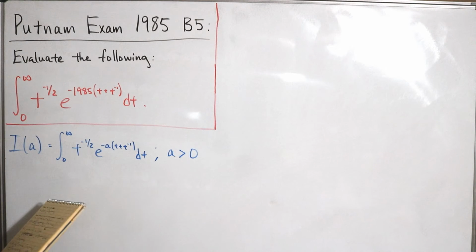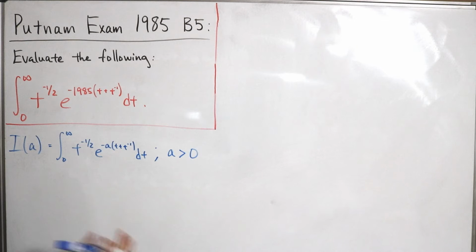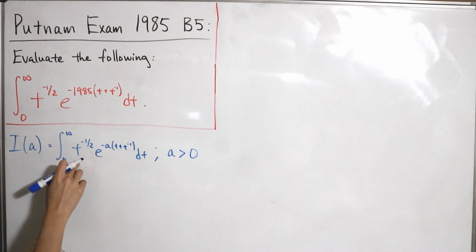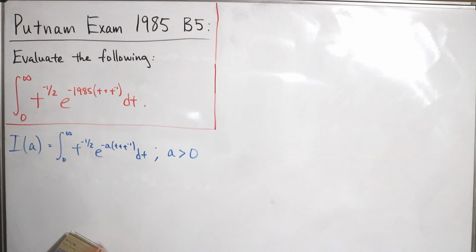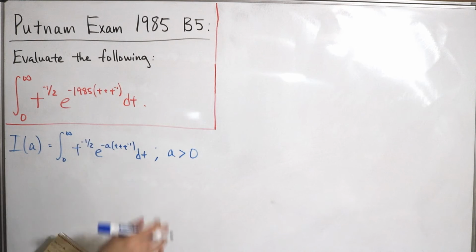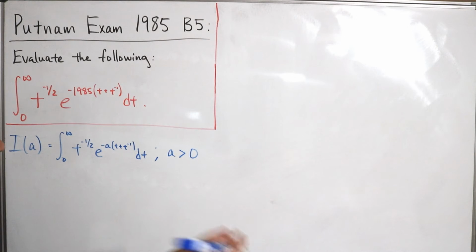The fact here is that this integral converges simply because the integrand over here is actually bounded by t to the negative 1/2 on the interval from 0 to 1, 0 non-inclusive, 1 inclusive, and by the other function e to the power negative a times t on the interval 1 to infinity, 1 inclusive.